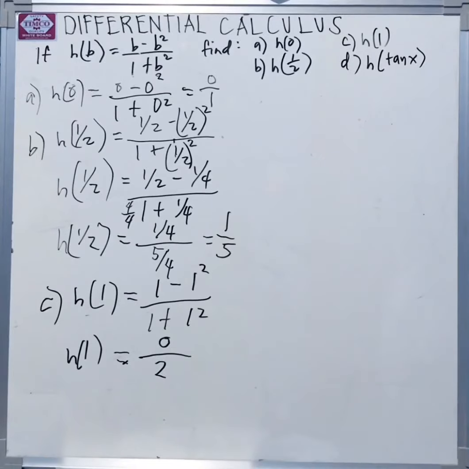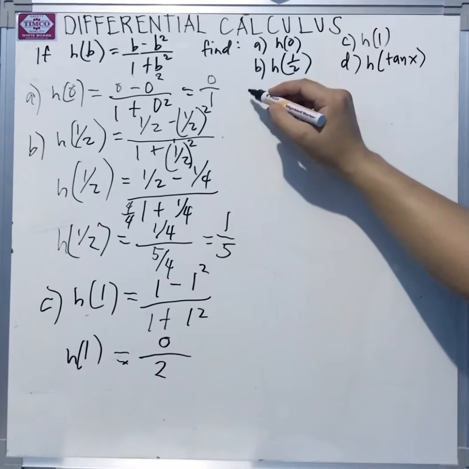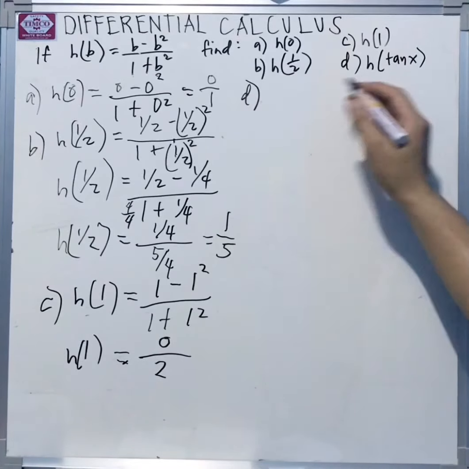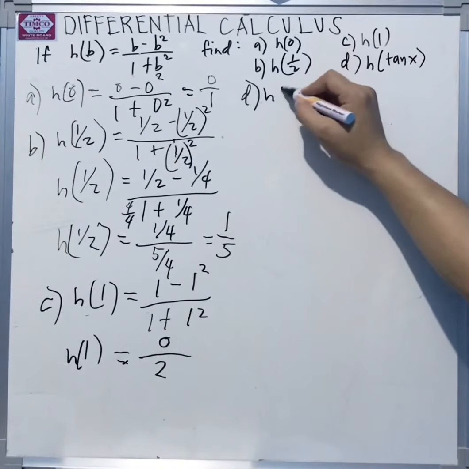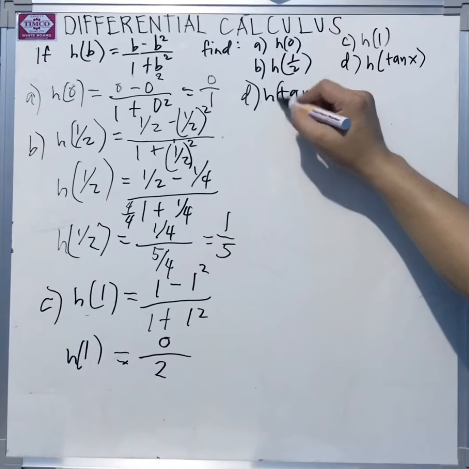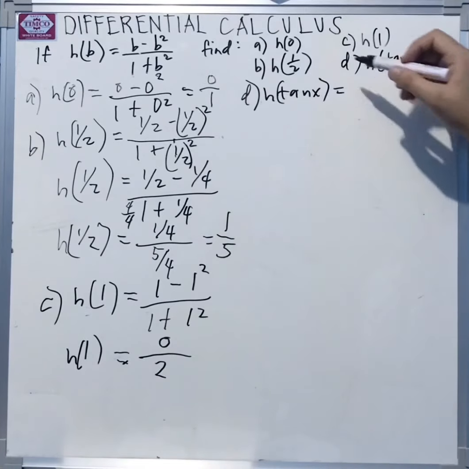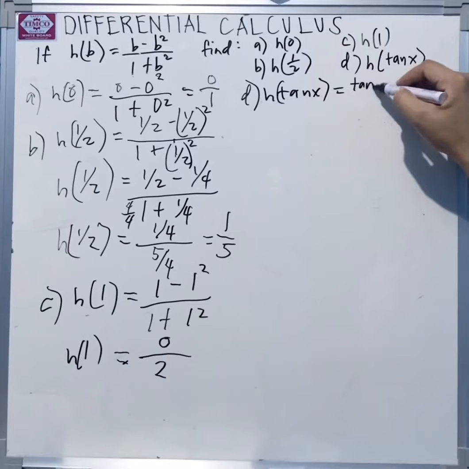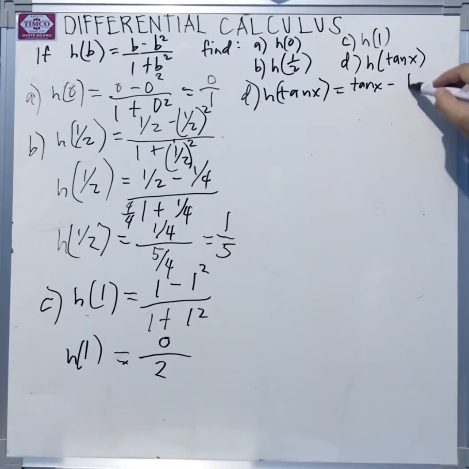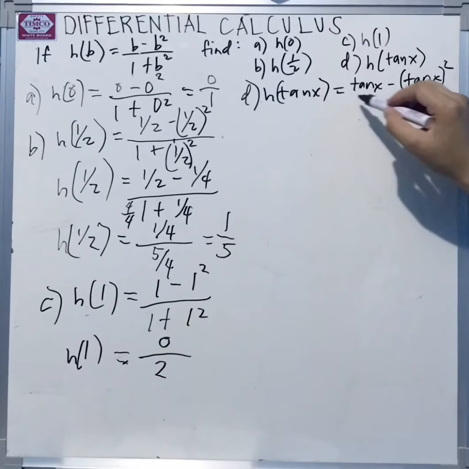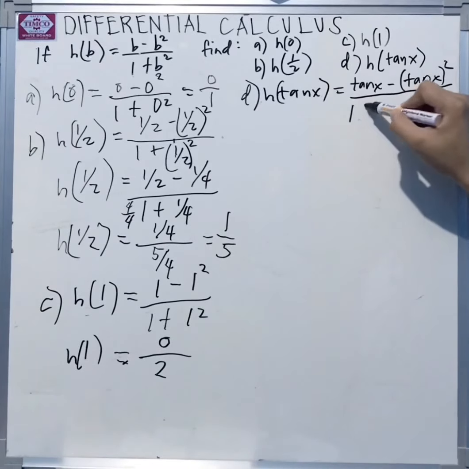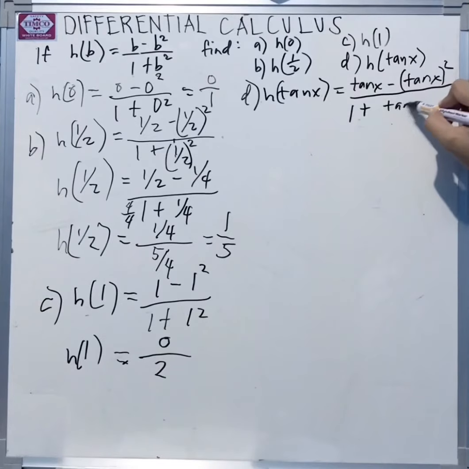So ngayon, we have letter D. Letter D, which is h of tangent x. h of tangent x equal to, substitute natin, tangent x minus tangent x squared over 1 plus tangent x squared.